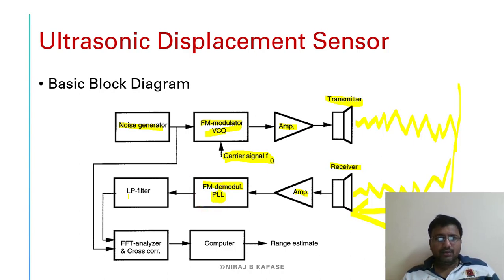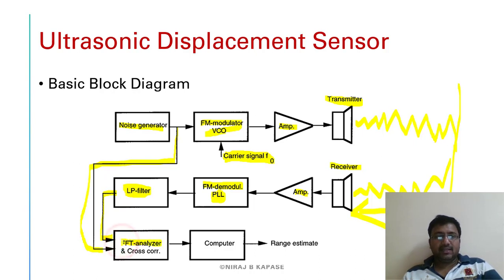Then we feed this to a low pass filter to remove the noise. The same noise is fed to the cross correlation or FFT analyzer, and the low pass output is also fed to the FFT analyzer.